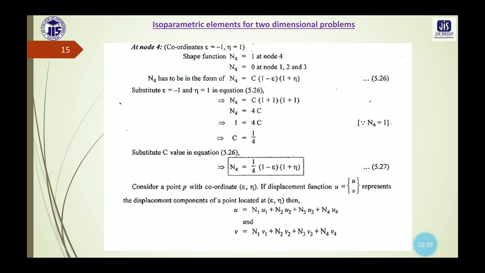So in this way we have calculated the shape functions N1, N2, N3 and N4 at 4 different nodes. Now consider a point P with coordinates epsilon, eta. If the displacement function u, a column matrix, represents the displacement components of a point located at the epsilon, eta coordinate, then we can write u equals N1 u1 plus N2 u2 plus N3 u3 plus N4 u4, and v equals N1 v1 plus N2 v2 plus N3 v3 plus N4 v4.